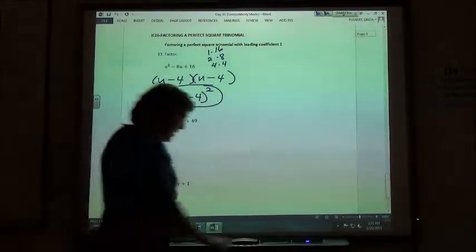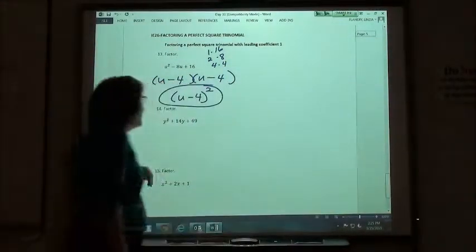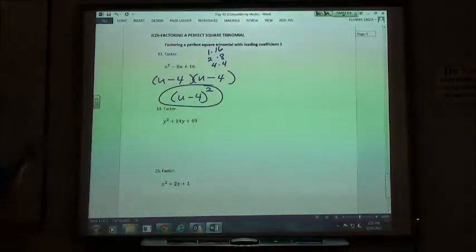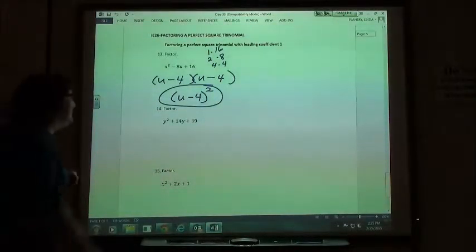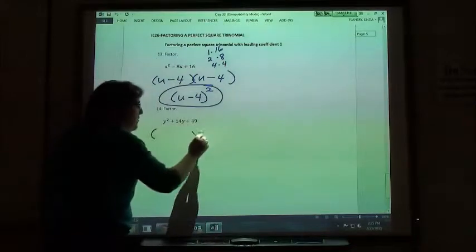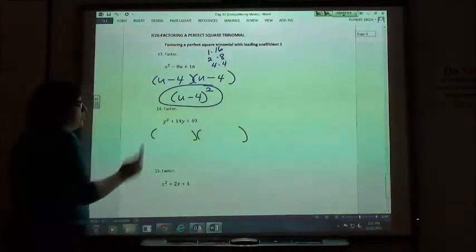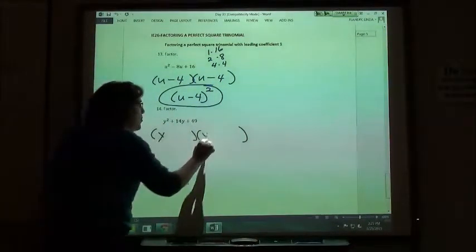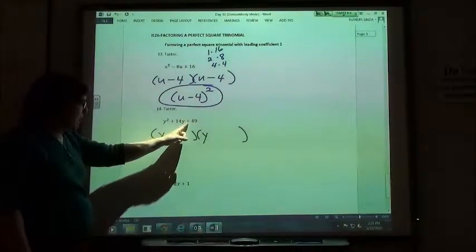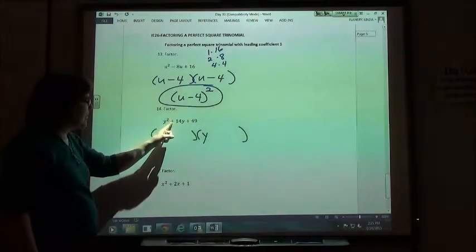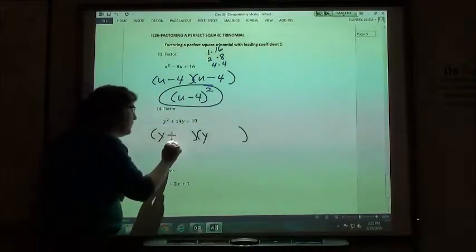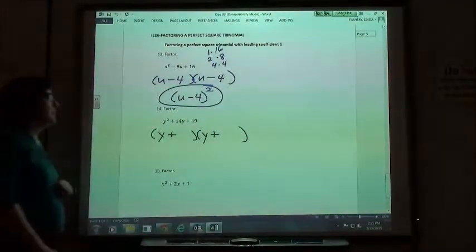Number 14, same kind of thing. When you look at it on the assessment, it's just going to say factor. You're not really going to know that it's a special one. And so you're going to say, oh, I got to FOIL that out. Factors of y squared, y and y. The end is positive, tells me both signs have to be the same as the middle. The middle sign is a positive, so a plus times a plus.